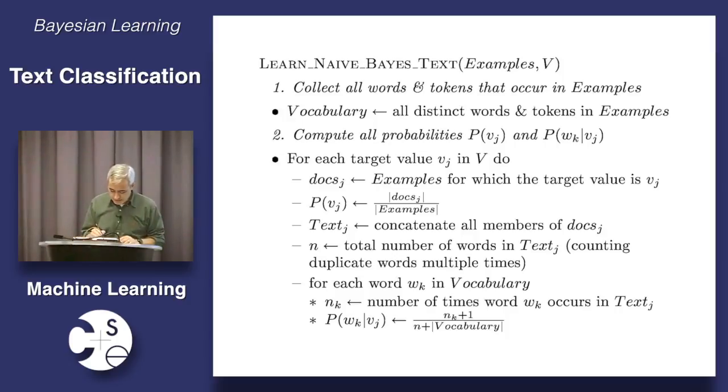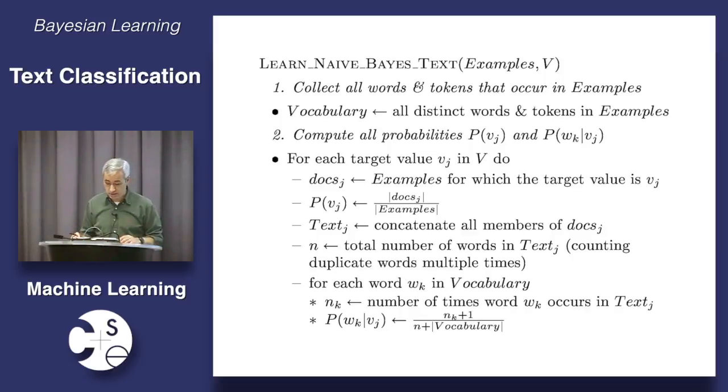And then the next thing is to deal with the attributes, so we concatenate all the members of, say, the class sports. I'm not going to care which document they came from because this is all just going to boil down to counting. So I count the total number of words in the documents of that class. And remember, duplicate words count duplicate times because I care whether a word occurred once or twice or 50 times.